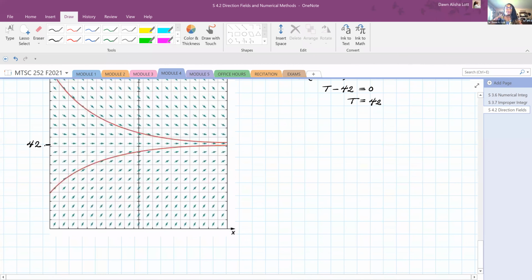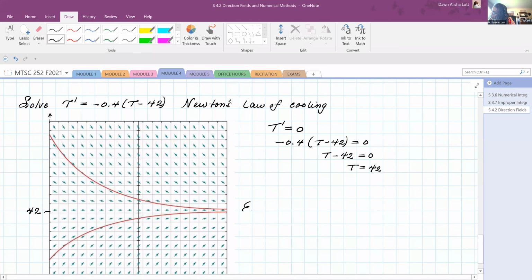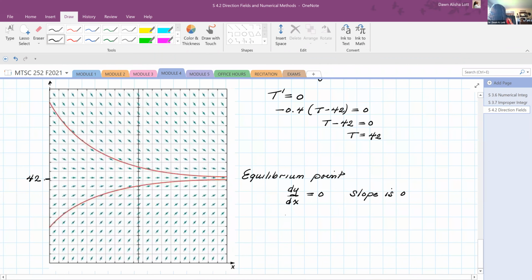An equilibrium point is where dy/dx is equal to 0. In other words, the slope is 0, so the rate of change is 0.